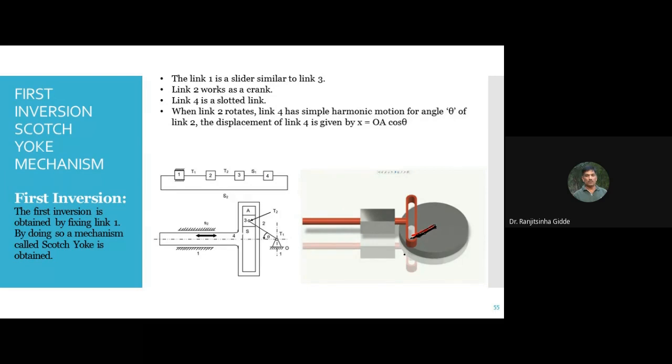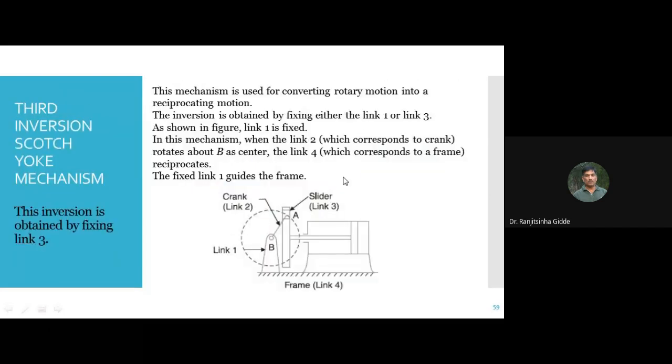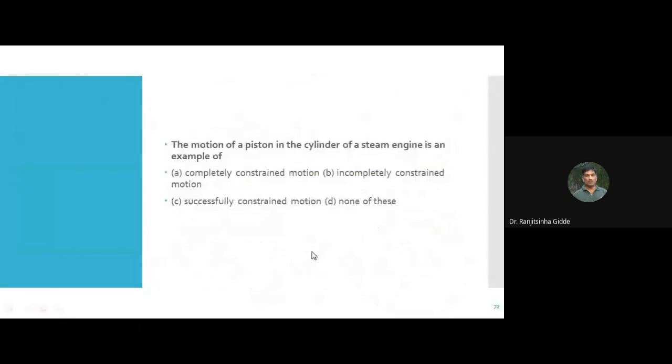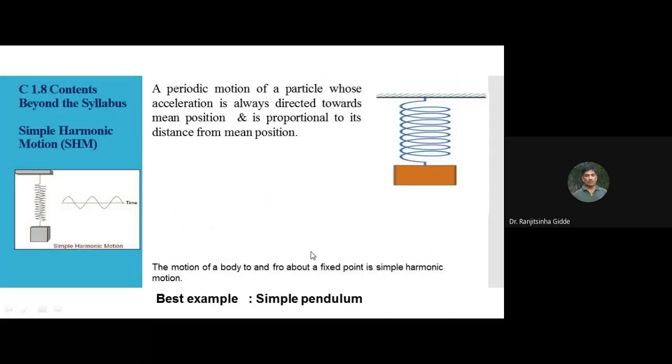That means it will move to one reference point, and again it will come back to that reference point. Just I will show how it moves. This is called a simple harmonic motion.